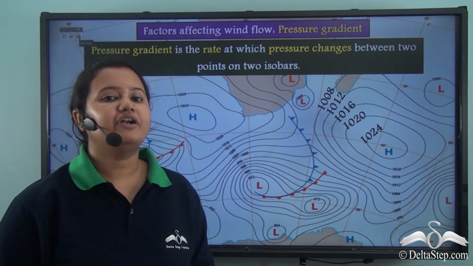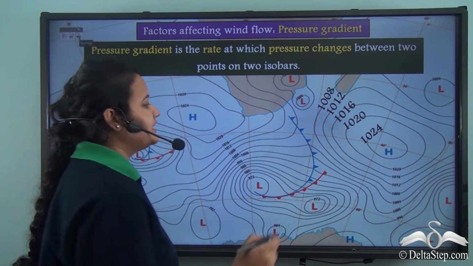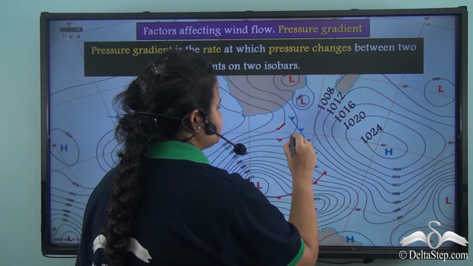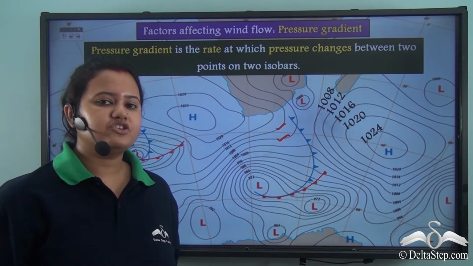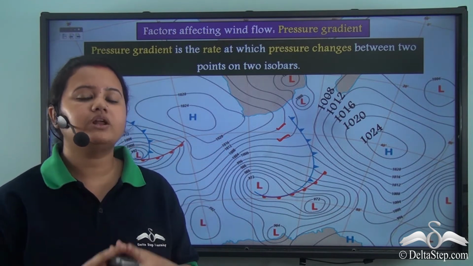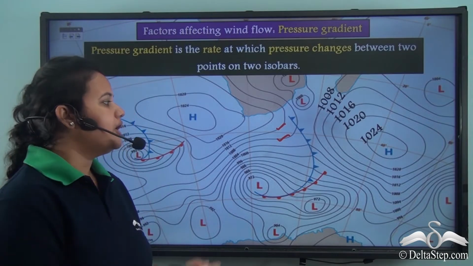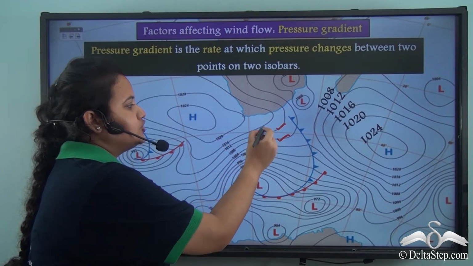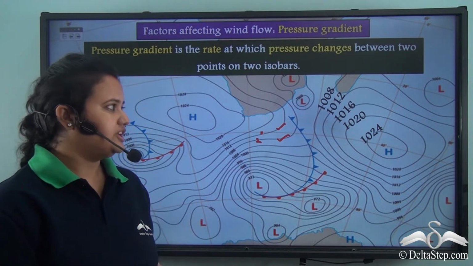If you remember, we have seen this map earlier. In this map, these lines are isobars, and an isobar is an imaginary line that joins all places having equal atmospheric pressure. Now, as we move from one isobar to another, the air pressure condition changes.